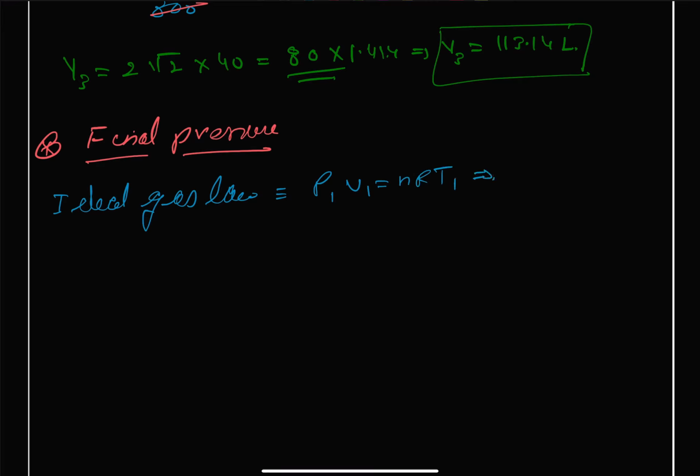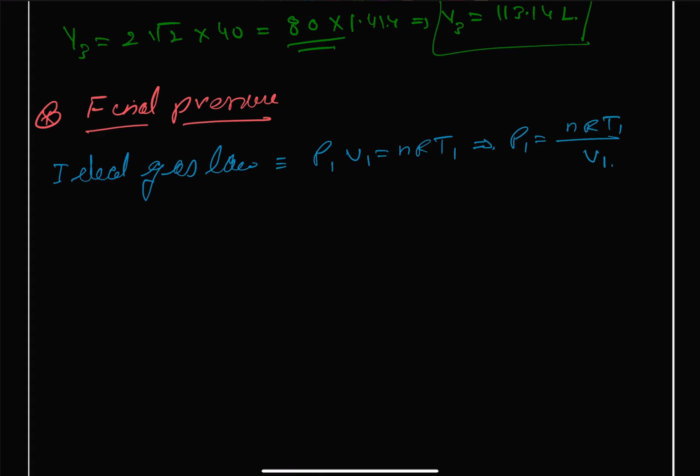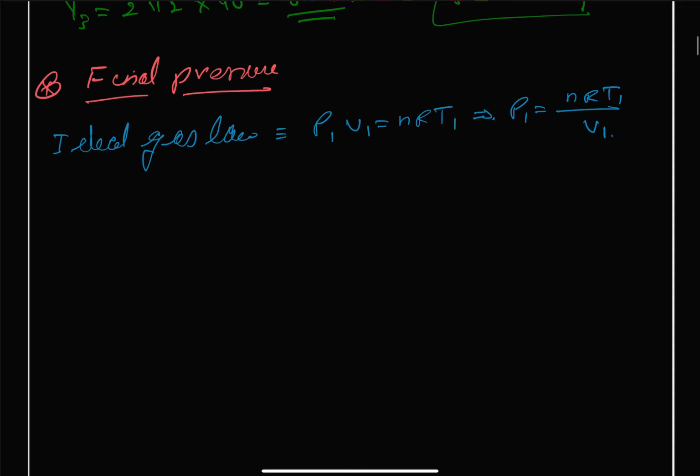This gives us that P1 is equal to nRT1 divided by V1. Substituting the value of n as 2, R as 8.314, temperature as 300, and V1 in liters we can write as 2 into 10 to the power minus 3.